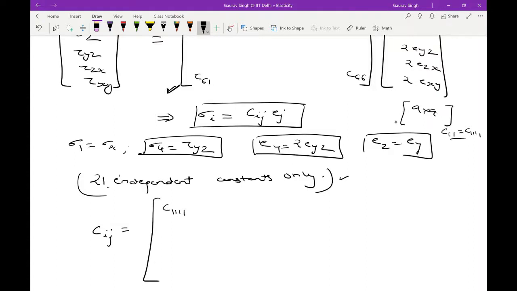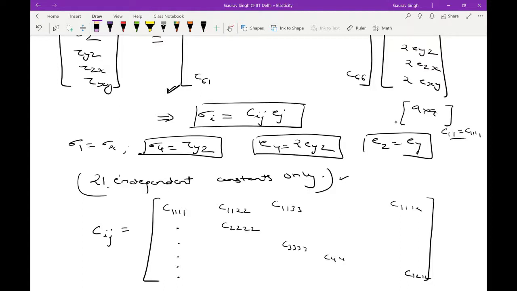So in the fourth order scheme, this would be C1111, C1122, C1133, C1131 and C1112. Okay, and then you would have 2, 3, 4, 5, 6. This would be C1212. This would be, say, C2222. Okay, and then this can be written as C3333.